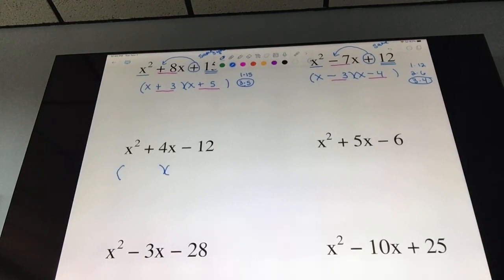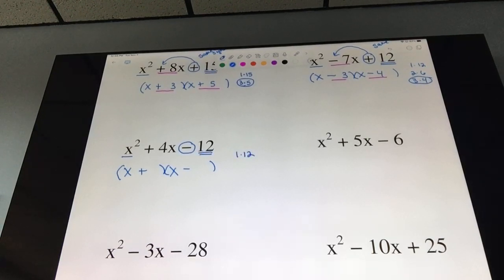All right, so my next one here, similar to the last one, because I have a 12, x times x, minus at the end means opposite signs. So 1 plus and 1 minus. And then again, I want to get 12.